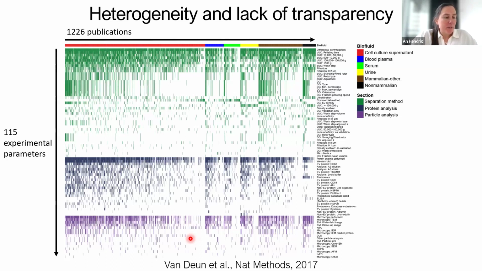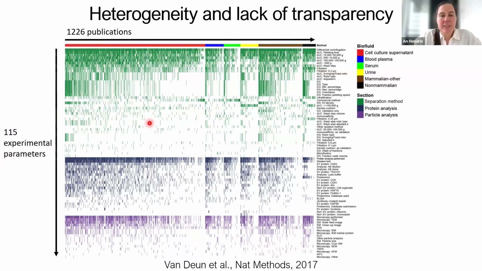Now, building upon this interest in the impact of methodology on downstream extracellular vesicle analysis, we then decided back in 2014 to do an in-depth analysis of the literature to see how methods are actually being reported in the field of extracellular vesicles. And there too, we analyzed about 1,200 publications for 115 experimental parameters.